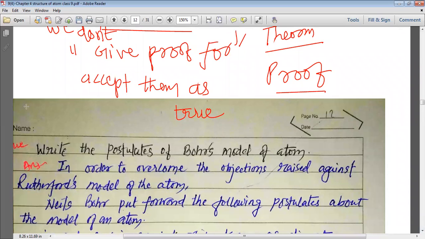Please remember, my dear students, that postulates do not have experimental evidences.